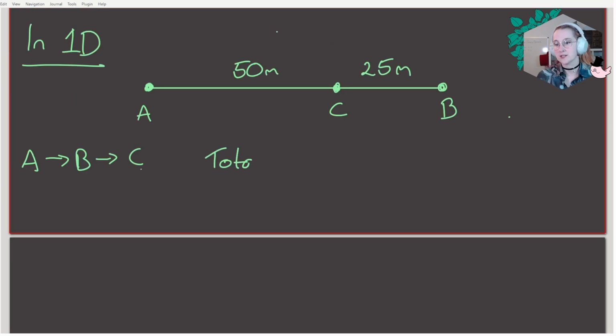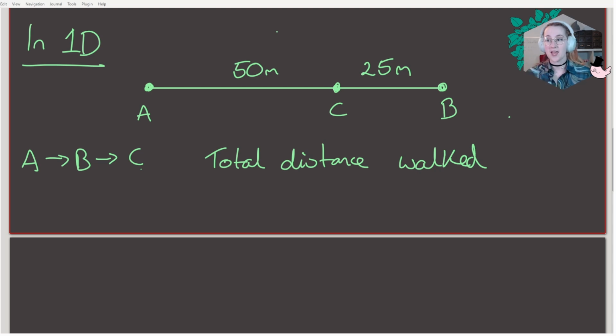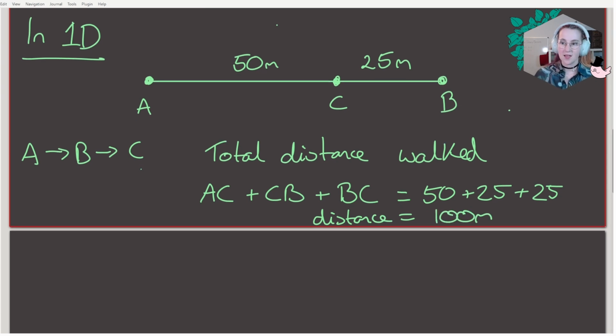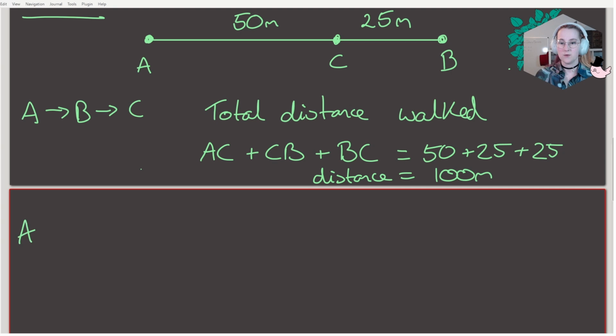Then we have that the total distance that I walk is I have to go from A to C, then C to B, then B to C. So AC plus CB plus BC, which is 50 plus 25 plus 25. That's a total distance of 100 meters.